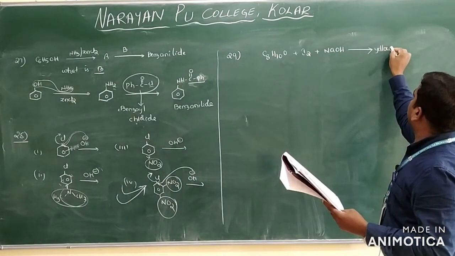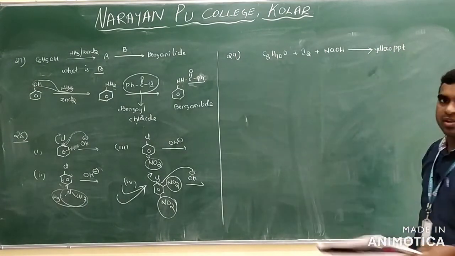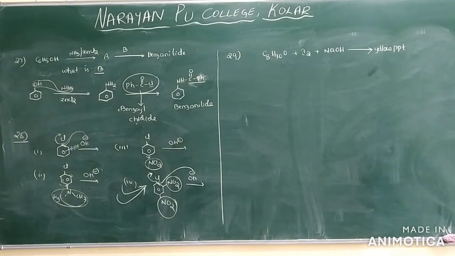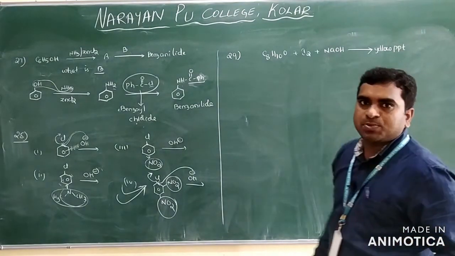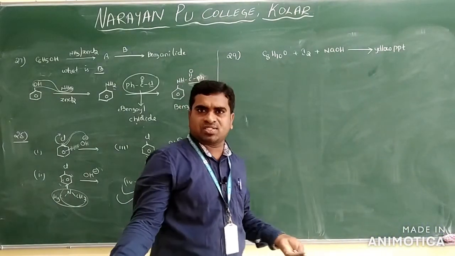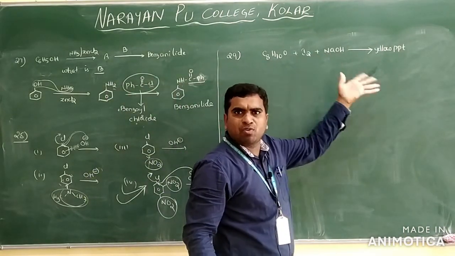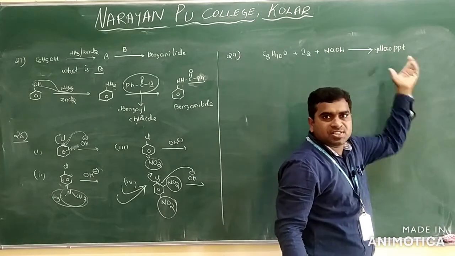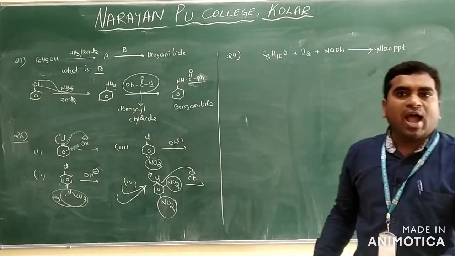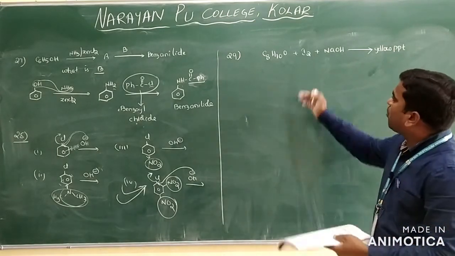So the compound is expected to be... you already know what this reaction is. Iodine and NaOH is the iodoform reaction. Why does the yellow precipitate come? The yellow precipitate is iodoform. This is the iodoform reaction.